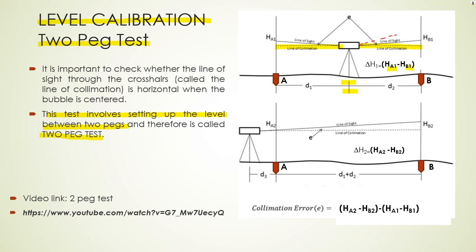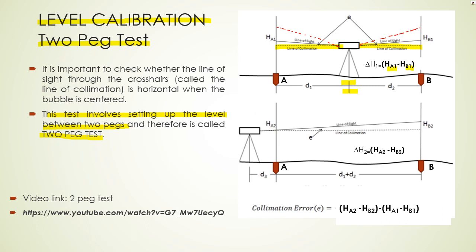When you turn the telescope to each point, you will have the same angle with the horizontal line.